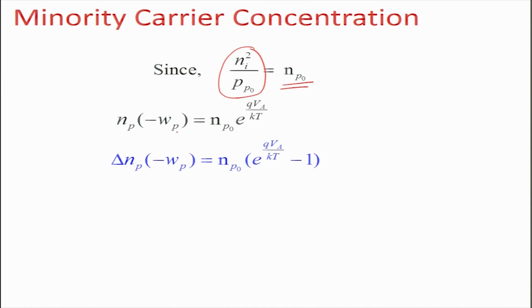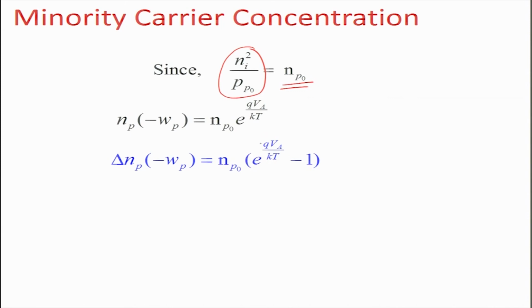So Np(-Wp) is equal to Np0 into exponential qVa by kT. So if Va is 0, then Np(-Wp) is equal to Np0. Now I can write what is delta Np, the change in carrier concentration. So delta Np(-Wp) is equal to Np(-Wp) minus Np0 with respect to the original one.